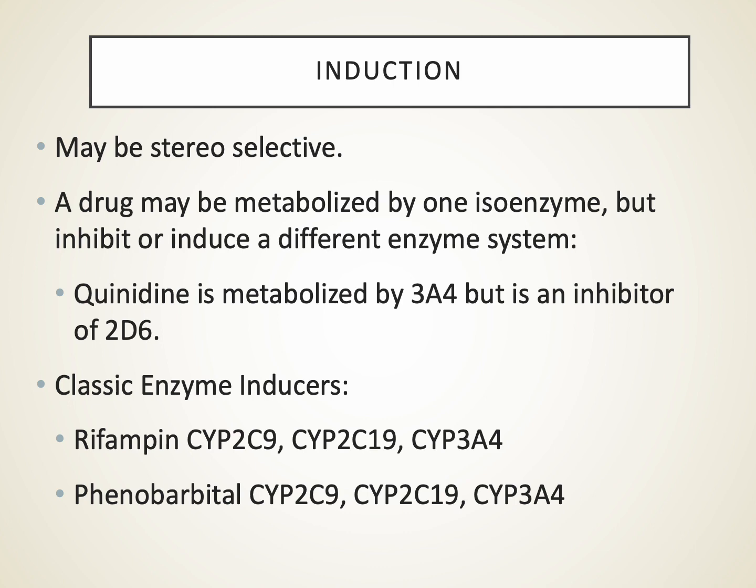An example is an older drug we don't use much, quinidine. Quinidine is metabolized by 3A4, but it's an inhibitor of 2D6, so it makes things problematic. Well, if I give drugs that are potent enzyme inducers like rifampin or phenobarbital, those drugs, when I add them, can increase the metabolism of any other drugs that are metabolized by those enzymes.